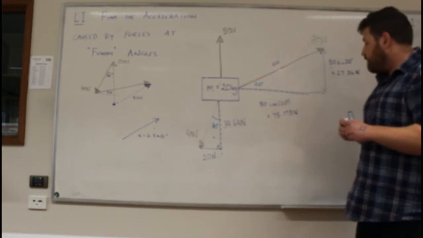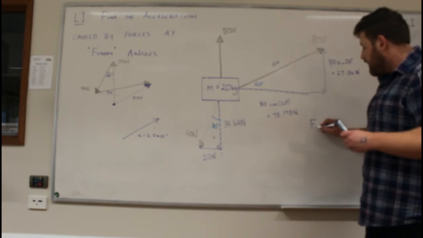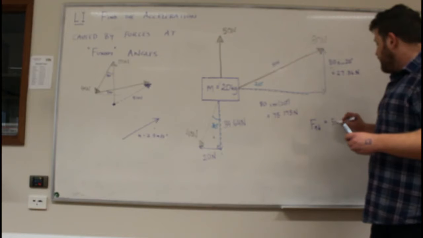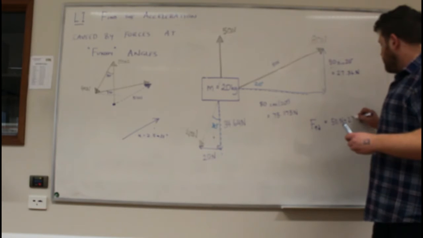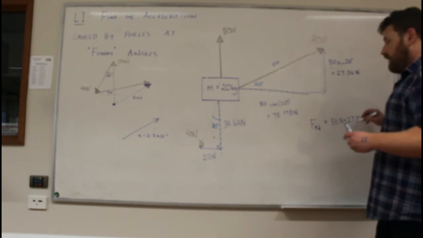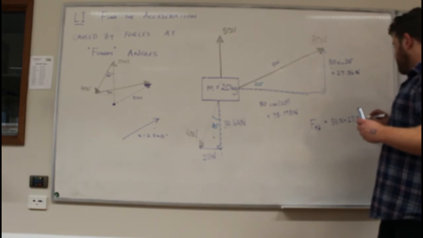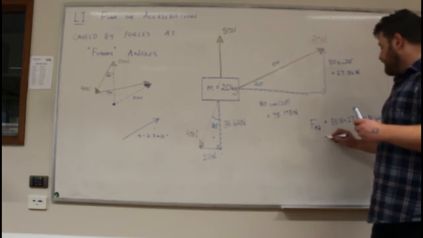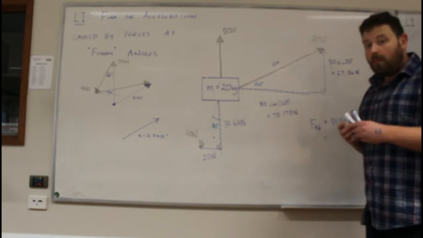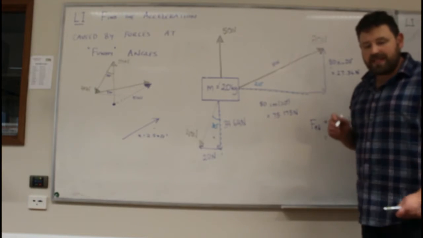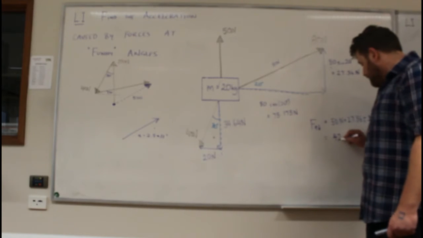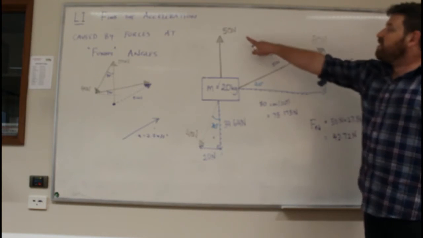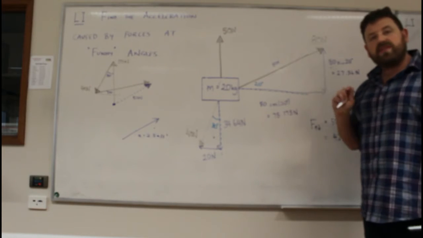So the total up-down force is 50 plus 27 minus 34.64 newtons, to give us a grand total of 42.72. That's pointing upwards because we have more upward forces than downward.